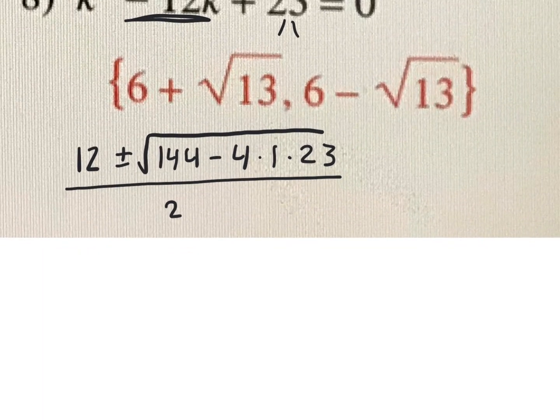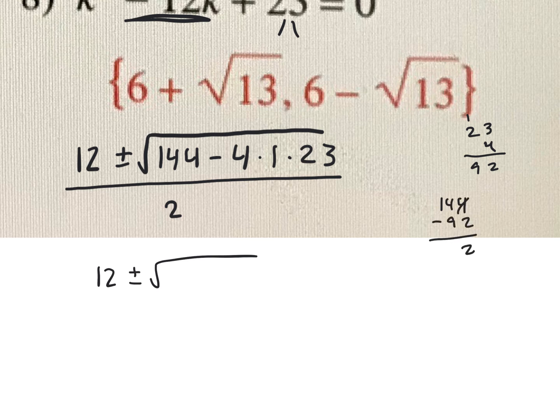So let's simplify under a radical. 4 times 23 would be 92, and then 144 minus 92 would be 52.